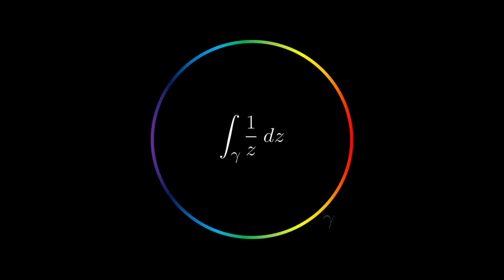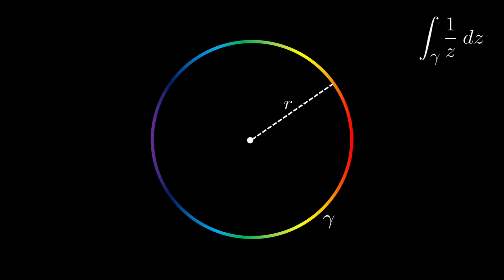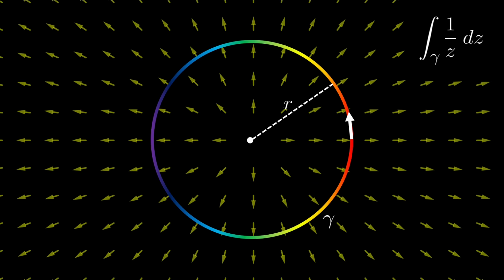In this chapter, we will focus on integrating 1 over z around a closed loop gamma, and gamma is a circle centered at the origin with radius r, and we integrate anti-clockwise. But before we actually compute it, it's good to have a rough idea of what we should expect. This is the Pólya vector field for the function 1 over z.